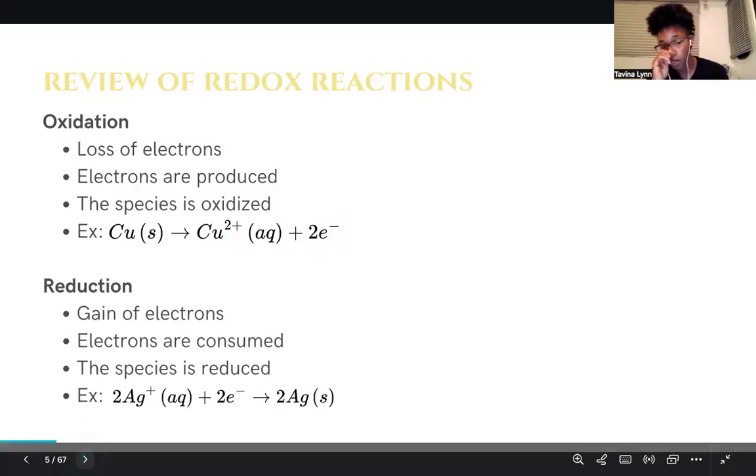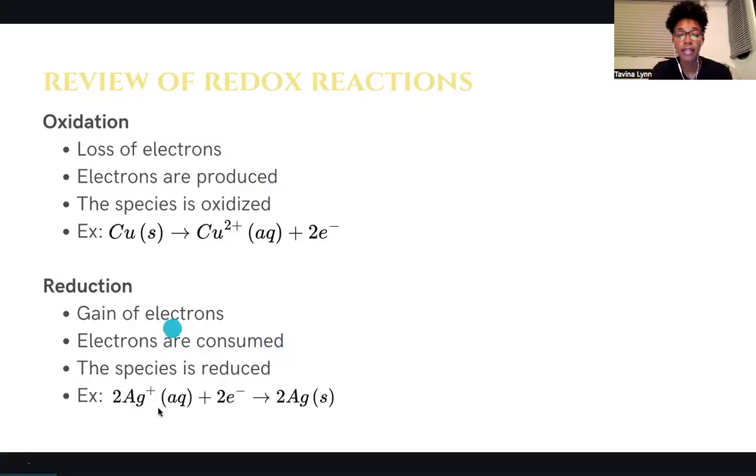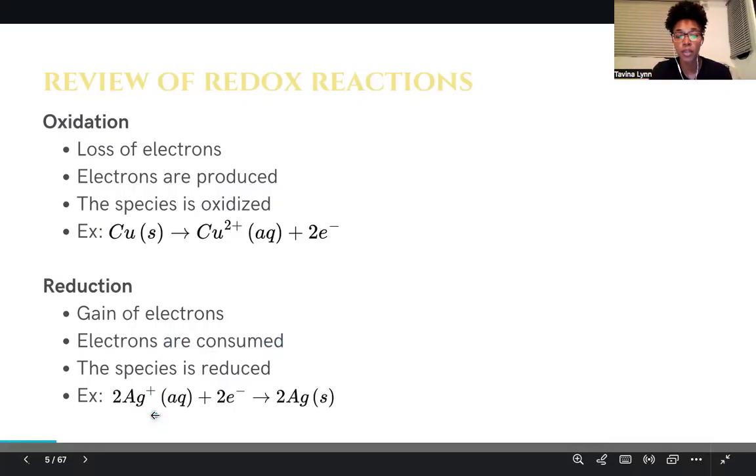With reduction, we gain electrons, right? Electrons are consumed, and whatever gains electrons is said to be reduced. In this example, we have silver plus, which gains 2 electrons, or 2 electrons are consumed, reducing silver plus to silver solid, which has a neutral charge.